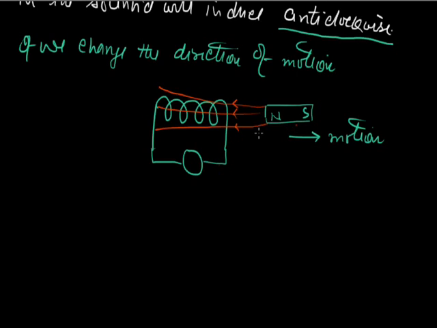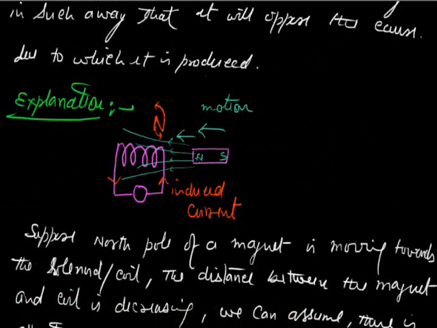According to Lenz, it is opposed, so there must be attraction between the magnet and solenoid. It is only possible when the face of the solenoid which is towards the magnet behaves as a south pole. So the current induced in the coil will be clockwise. In this way, the flux will be just reversed. Here the direction of current is anti-clockwise.